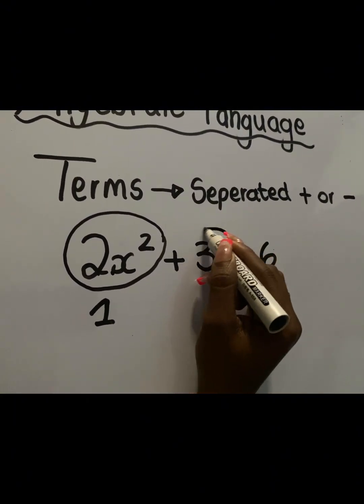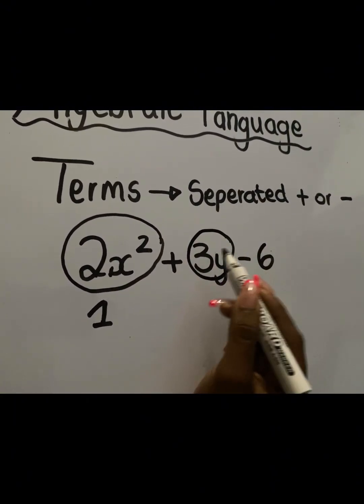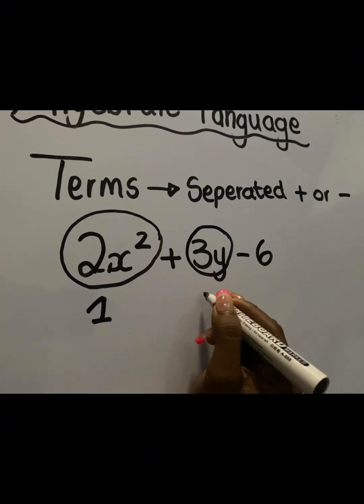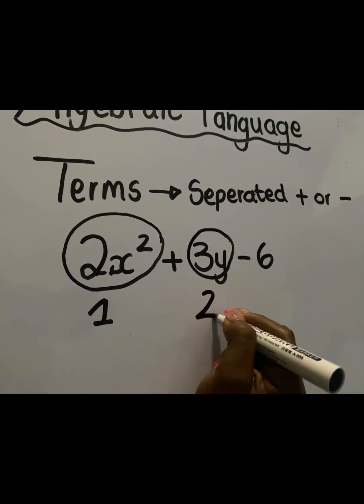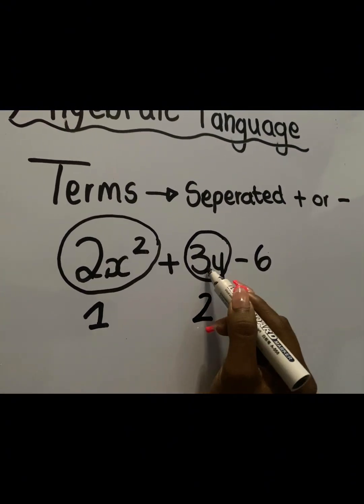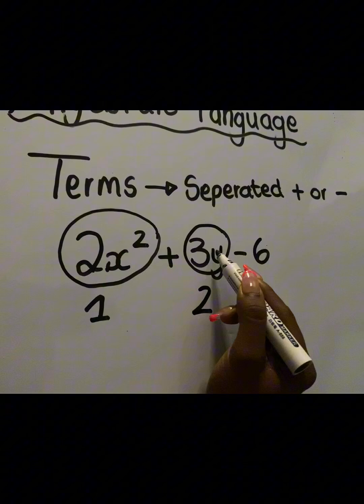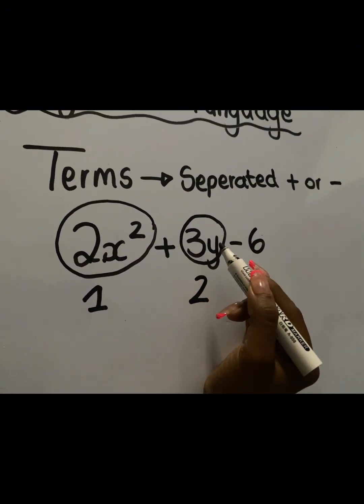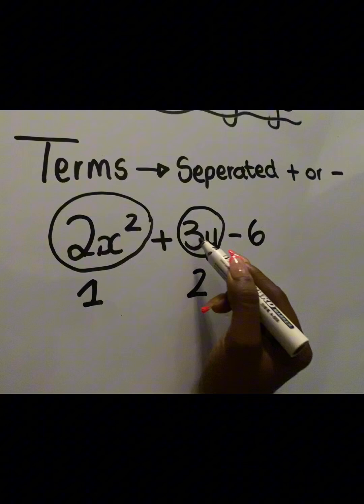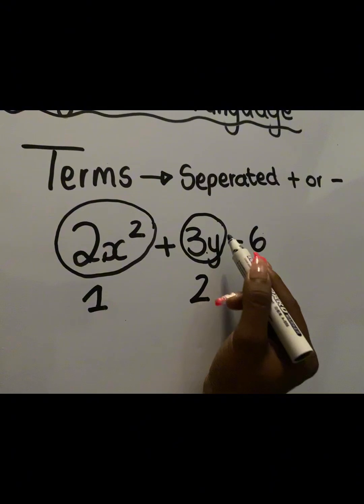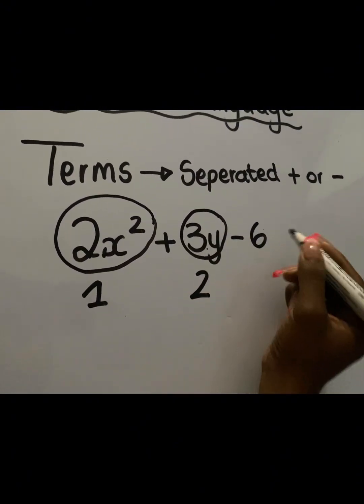Here, we have a second term because it is separated by this plus. This 3 is multiplied to the y, which makes it one term. So multiplication binds things together to be one.